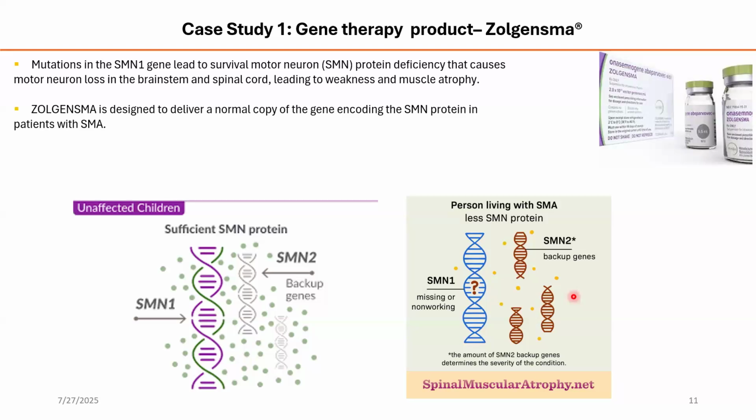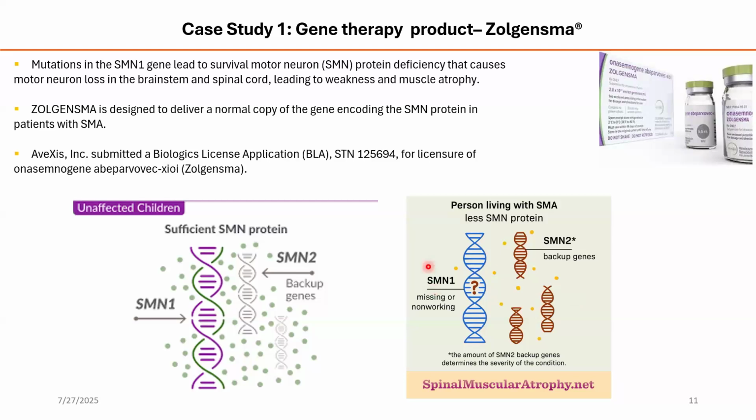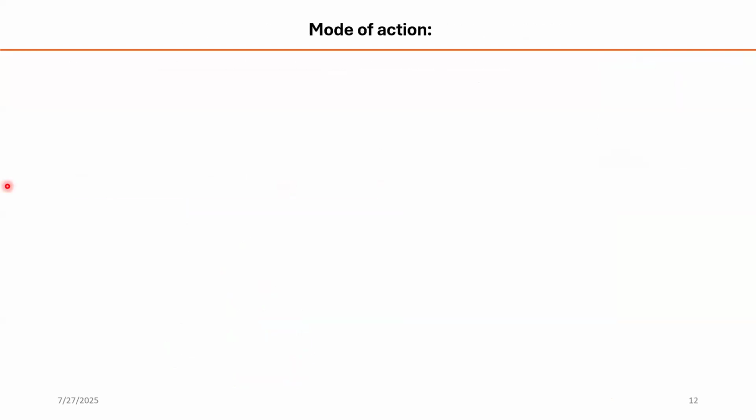Zolgensma was designed to deliver a normal copy of the gene encoding the SMN1 protein in patients with spinal muscular atrophy. This product was launched by AveXis, which is a company of Novartis, where they submitted a license application for this product, which in general is called onasemnogene abeparvovec-xioi.